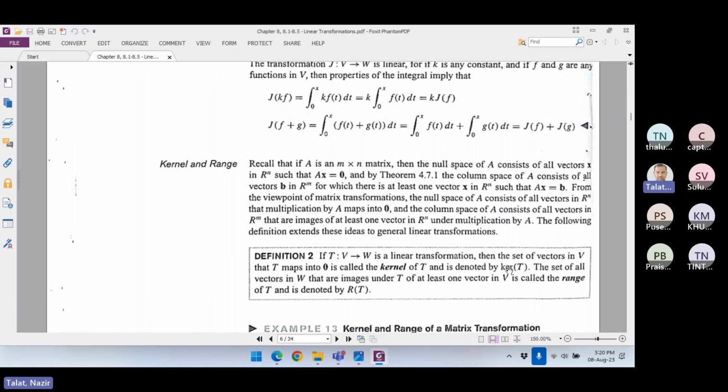Then the next thing that is important is regarding two important subspaces. One is called the kernel and one is called the range.